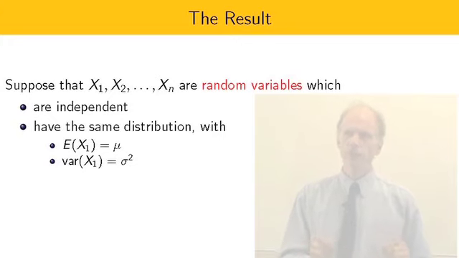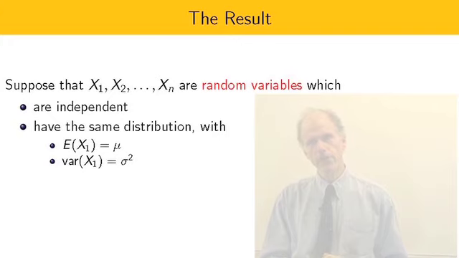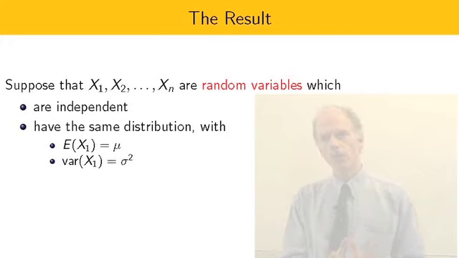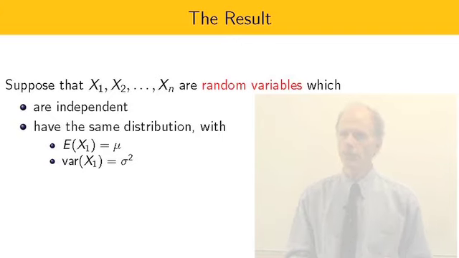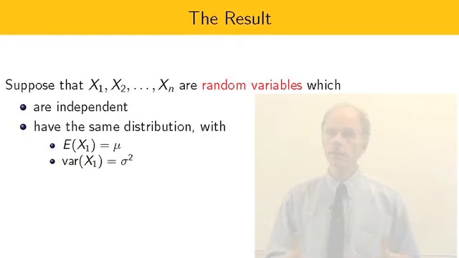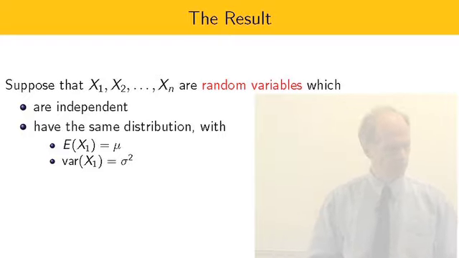And it's worth stressing at this point, we're not requiring these random variables to be normally distributed. We are noting the mean and the variance, and we're using the same symbols for mean and variance as we have for normal random variables, but there's no requirement that these random variables are normally distributed. They could be discrete even, and we'll see some examples later of that result.